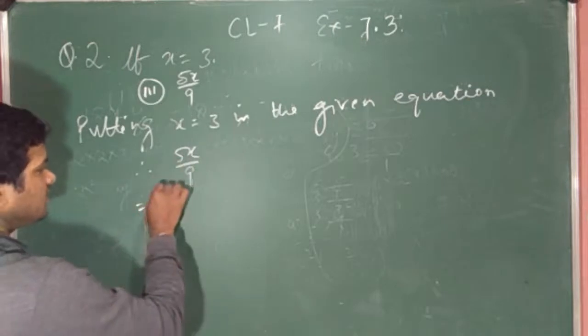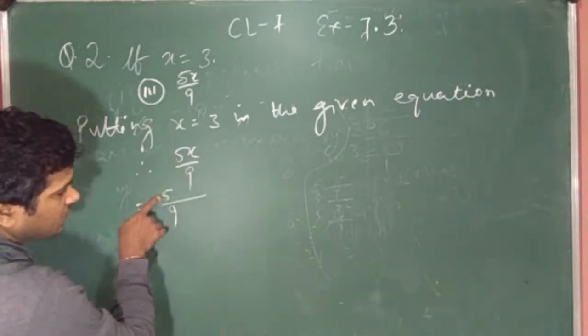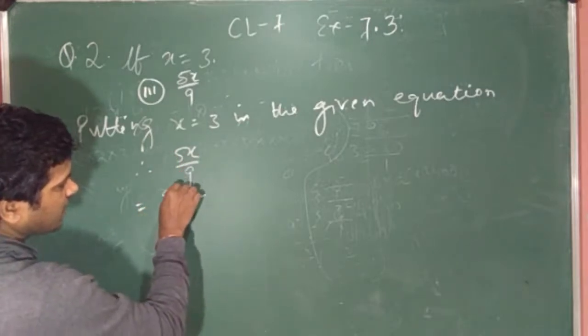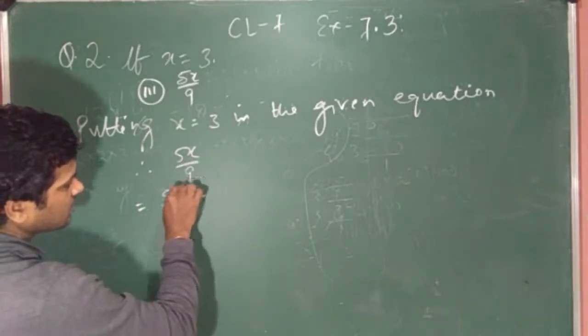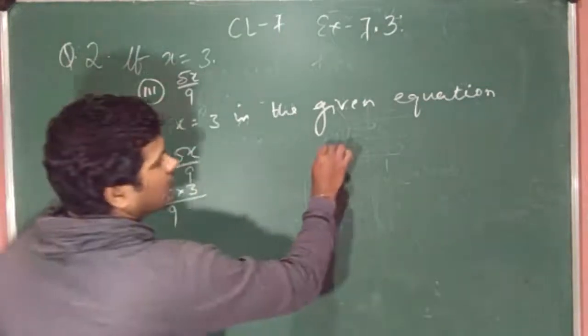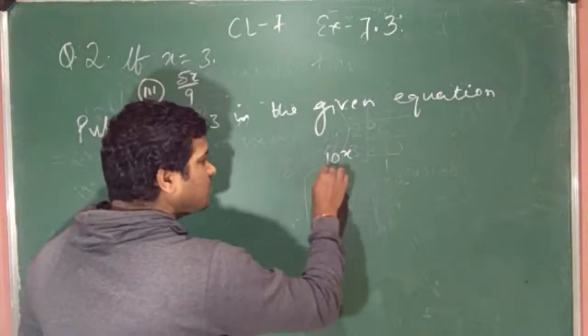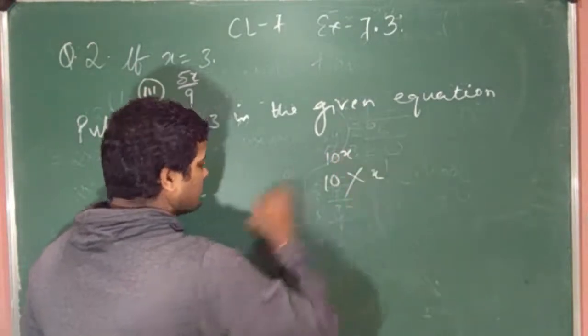So 5x means 5 by 9, but in place of x we are going to write 3. If it is 10x, that means 10 into x.